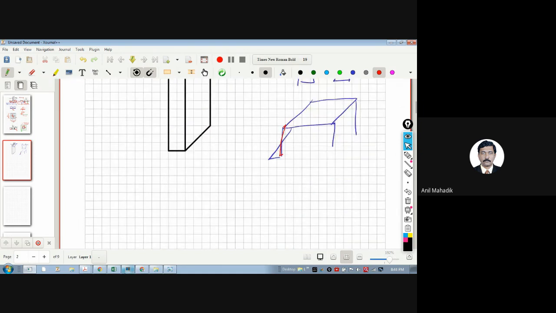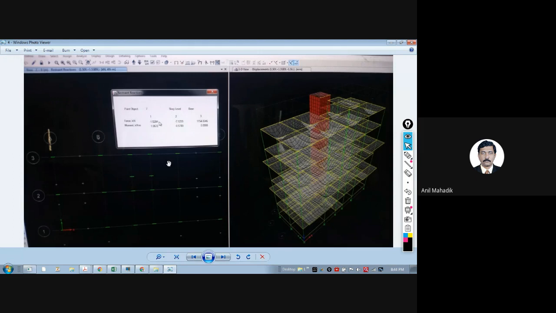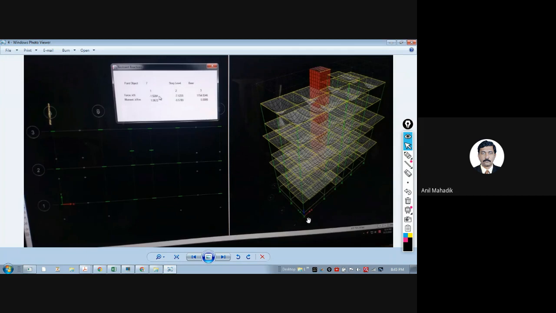Now we get, let's go into the results actually. Now, have you understood how to see the results of support reactions in the ETAP? बताए क्या सर? So you can see here X, Y, and Z coordinates.